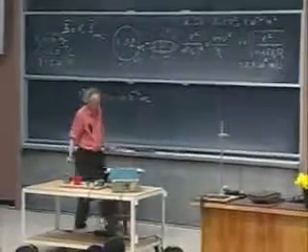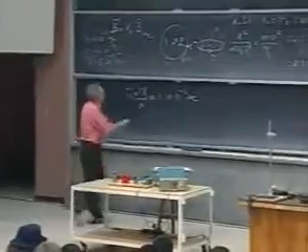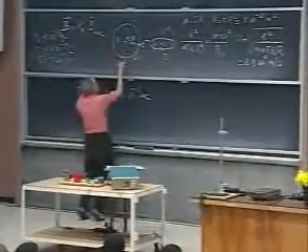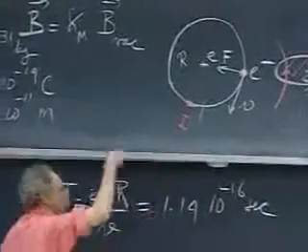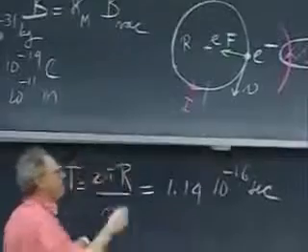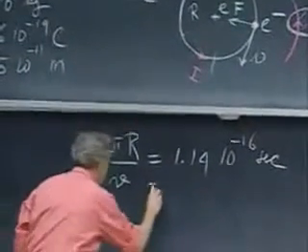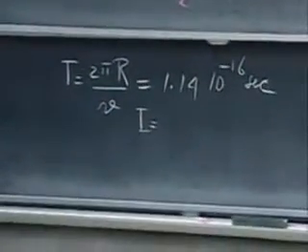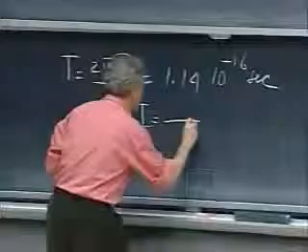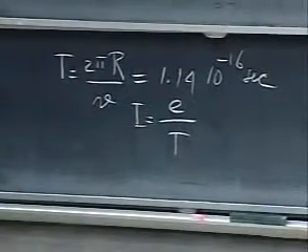Now, we still haven't found the current, but we're almost there. Because when you look here, there is this electron going by, and every 1.14 10 to the minus 16 seconds, that electron goes by. So the current I, that's the definition of current, is the charge per unit time. And so every capital T seconds, the charge E goes by, and so this is per definition the current.